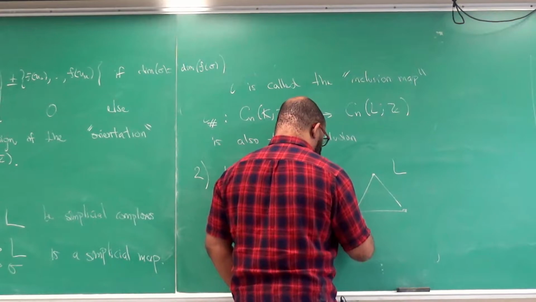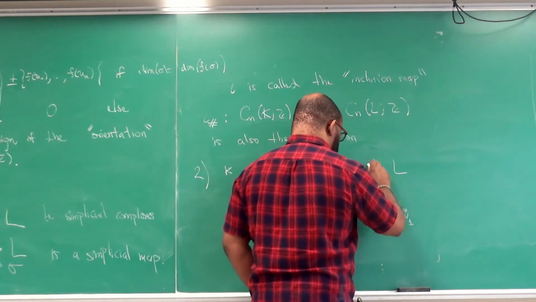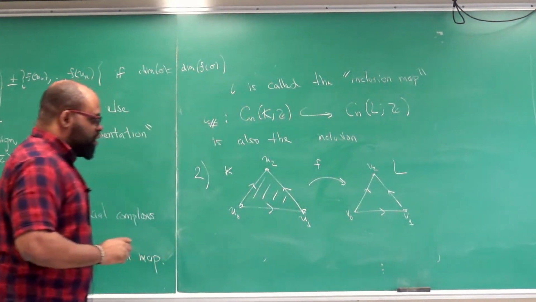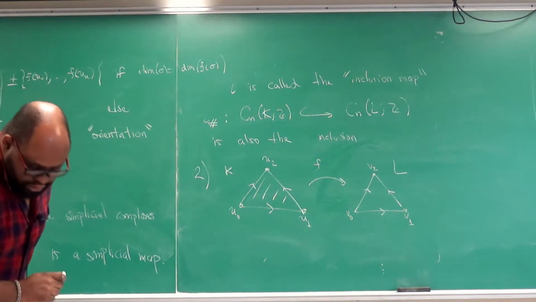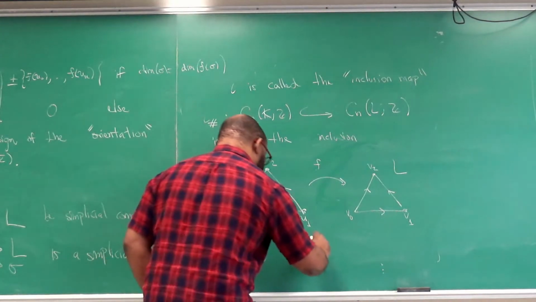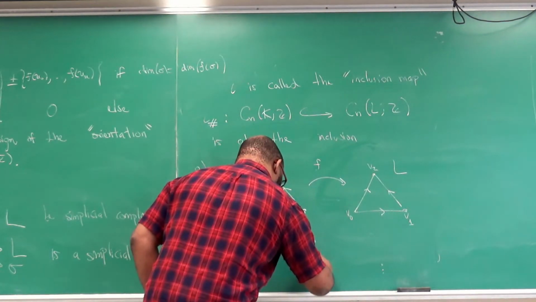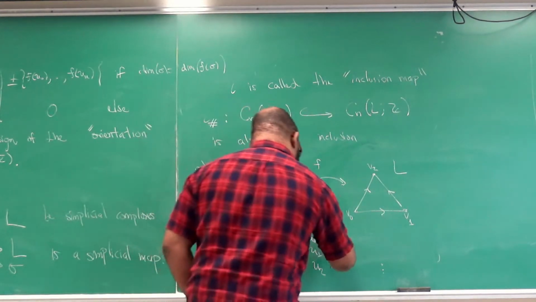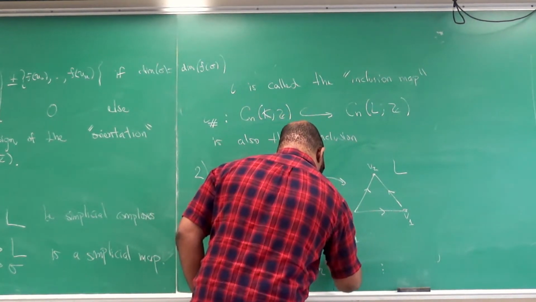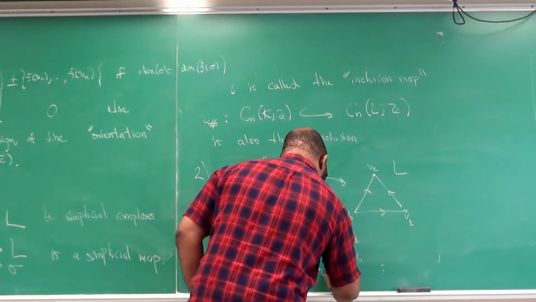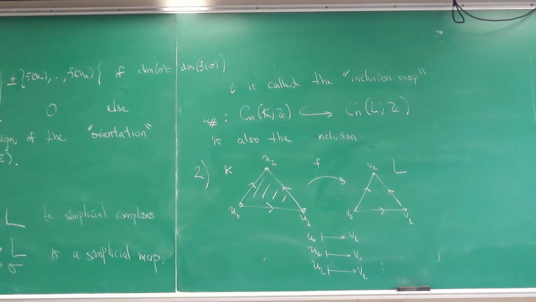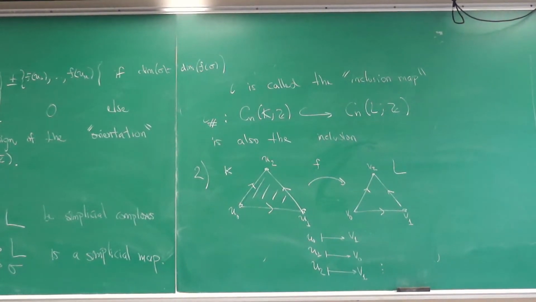And I'm going to orient this as v0, v1, v2. But now let me tell you what the map does. So I have here u0, u1, u2. So u0 is going to go to v1, u1 is going to go to v0, and u2 is going to go to v1. Okay, so that's what F does on the vertices.